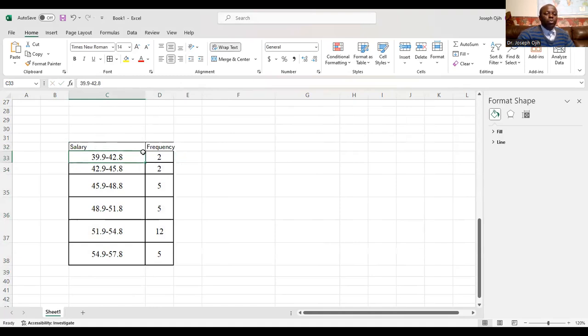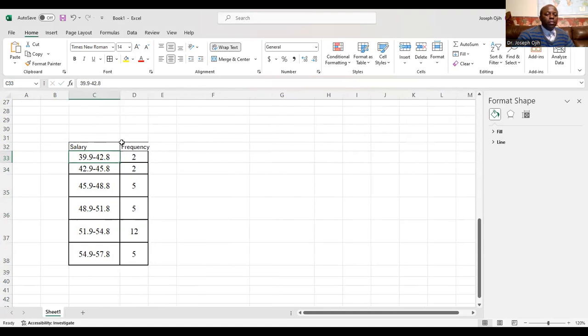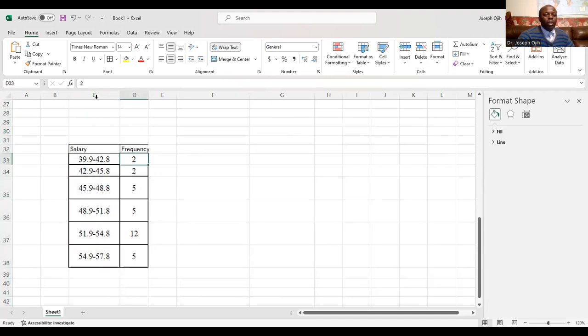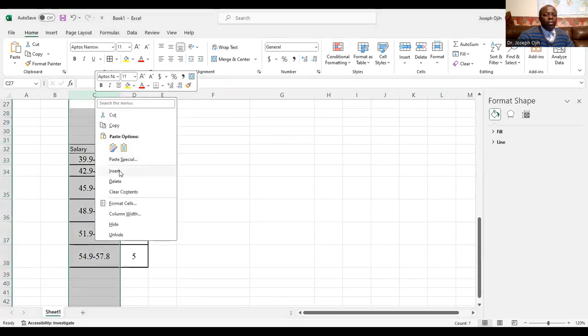Now, to plot this, we need the midpoint. Yesterday I showed you the formula for finding the midpoint. So we need to put another column inside. To add a column, go right to the top, right click, then click insert.